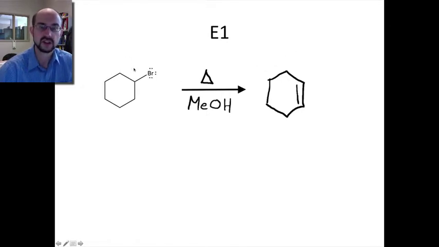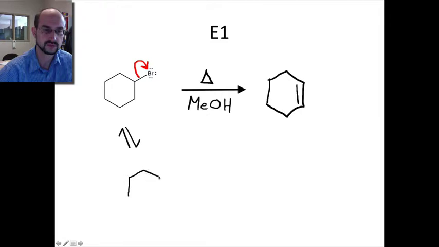The first thing that happens in an E1 reaction is the leaving group leaves and you form a carbocation. So we form a secondary carbocation.